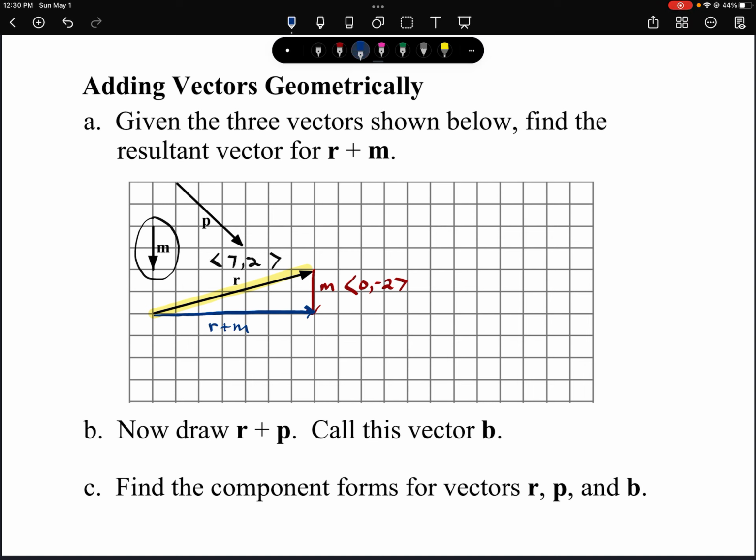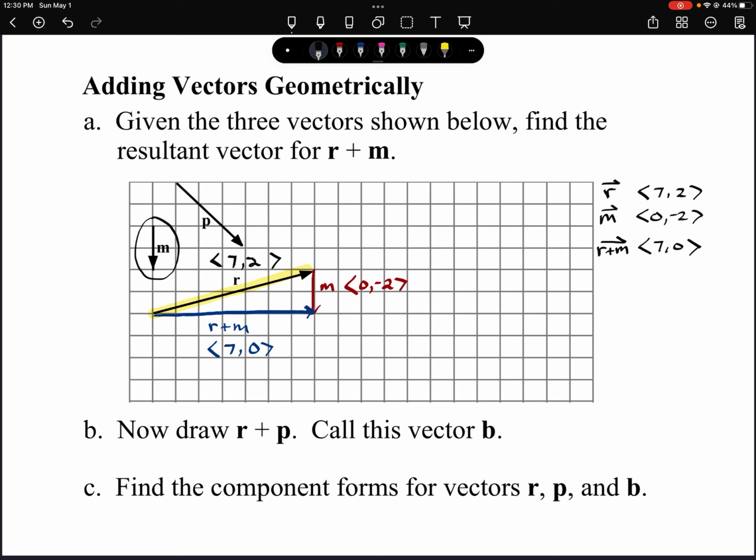And for r plus m, it looks like it's gone to the right 7 units, but it has not gone up or down. That'd be 7, 0. Let's just write that on the side over here. We have vector r, which was 7, 2, and vector m, which was 0, -2. And then we ended up with r plus m, and that is going to be 7, 0.